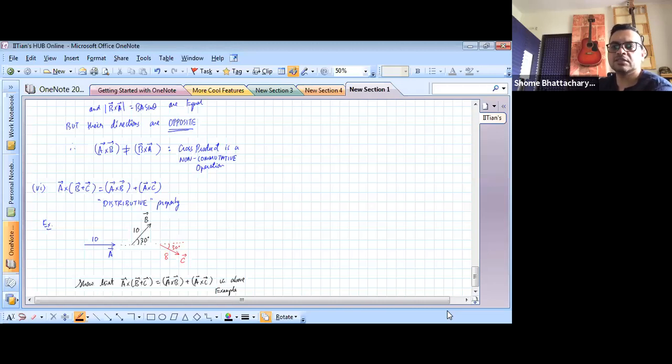First you will do the operation B plus C, okay, and then you will take its cross product with A. Whereas right hand side में you will directly do A cross B and then add it with A cross C. Yeah, Harpriya, you can use component algebra. You can use IJK form. Try this.